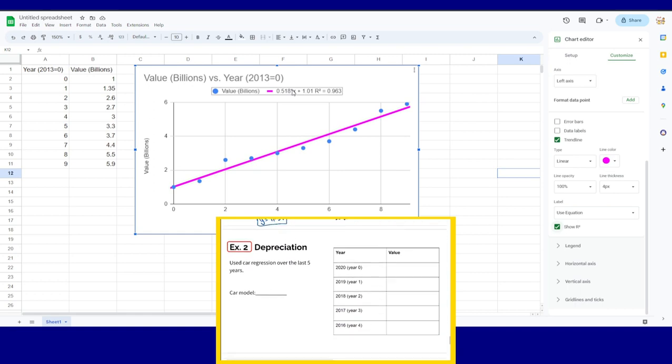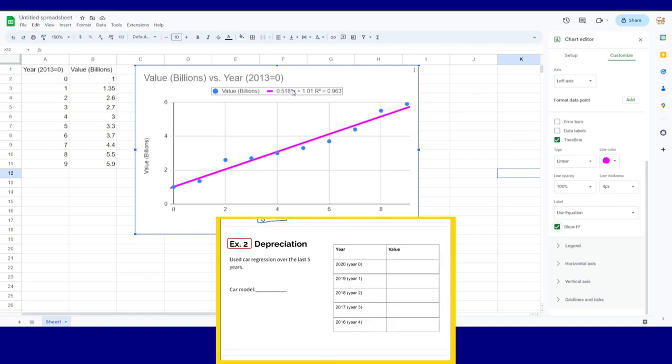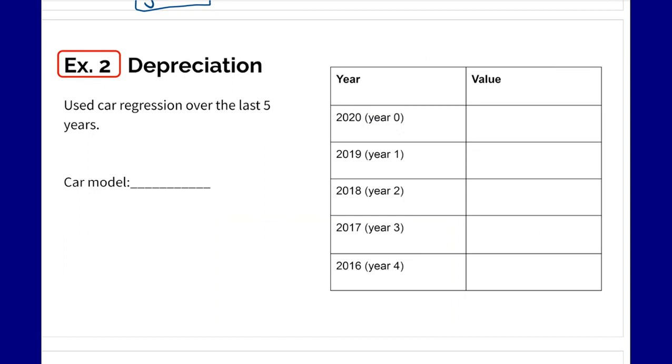So depreciation, we're going to look at the same thing, but for a used car over the last 5 years. I'll let you try to do this one on your own, because we can come up with any type of car model. But year 2022 is going to be your year zero. Then you're going to find the model car in 2019 and write down the value.